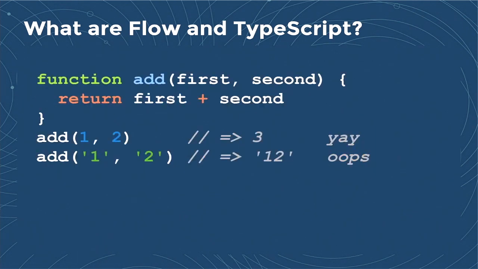Let's take a look at another example. Here we have an add function that takes two numbers and adds them together. Very simple, right? In our first invocation, everything works fine. We pass in 1 and 2, we get 3, great. In the second, however, we pass in a string 1 and a string 2, and we get back a string 12, right? That obviously isn't quite what we meant.